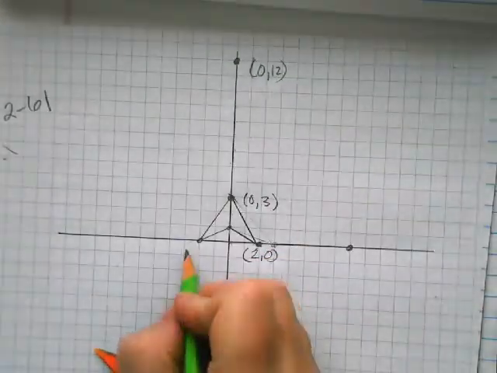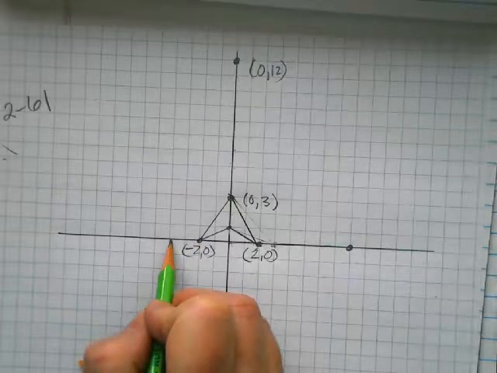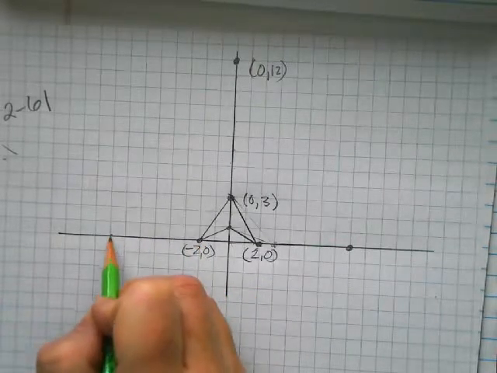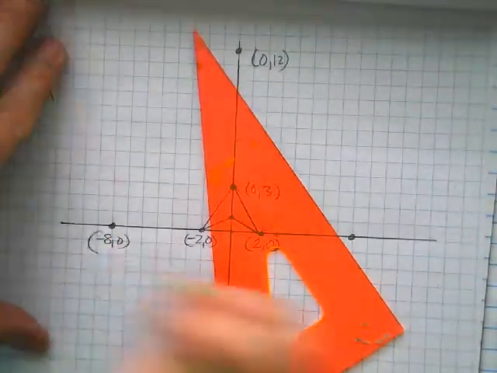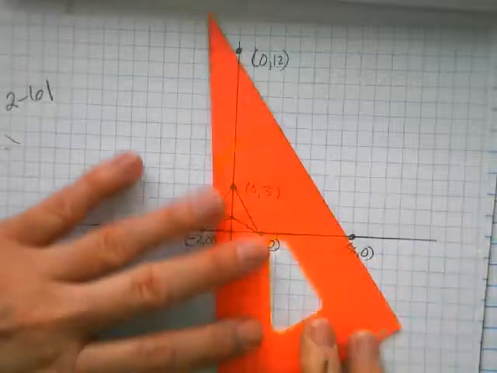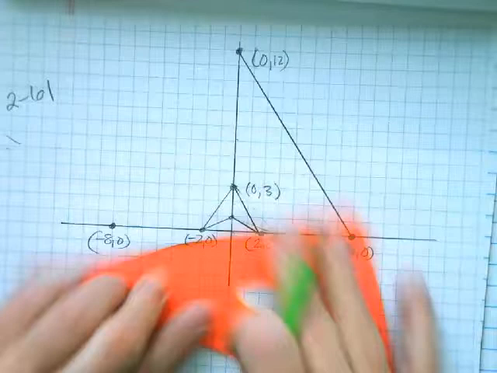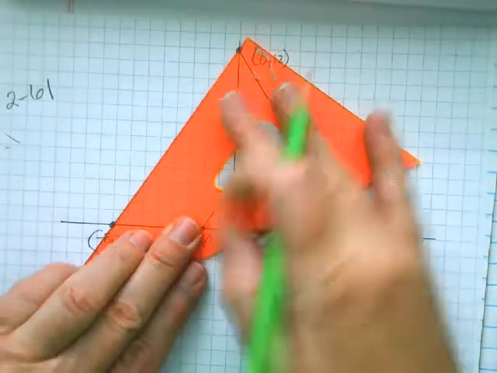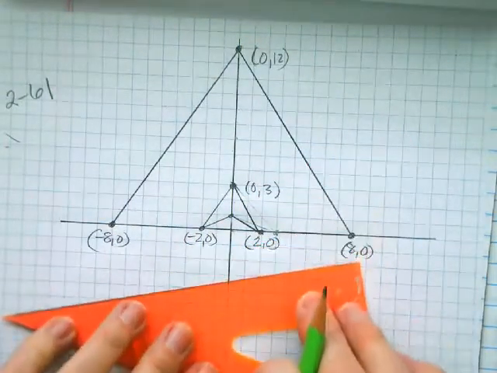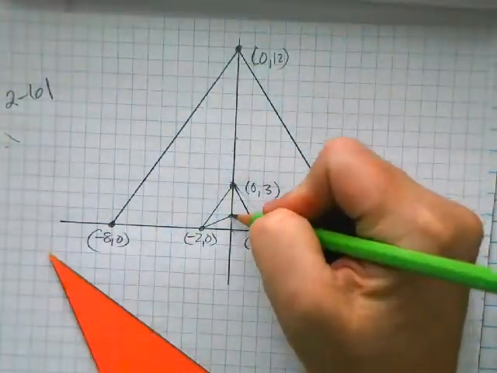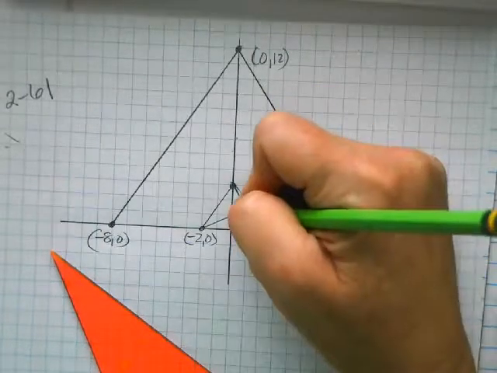And this is (-2, 0), so that's going to become (-8, 0). And this point here is (0, 1), so that's going to become (0, 4).